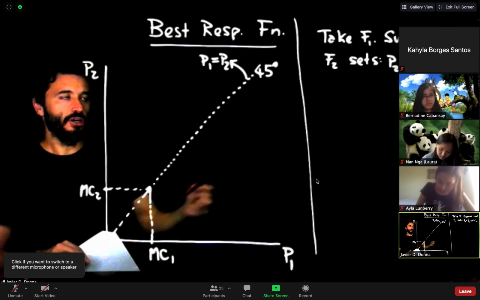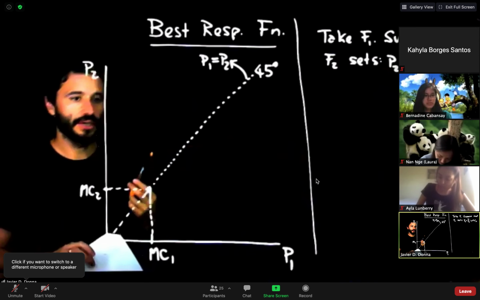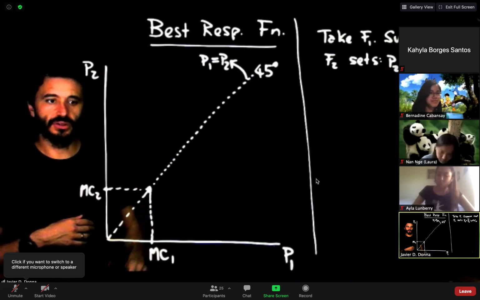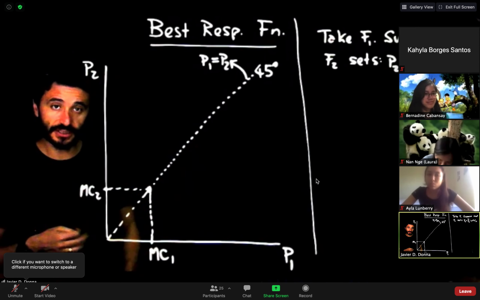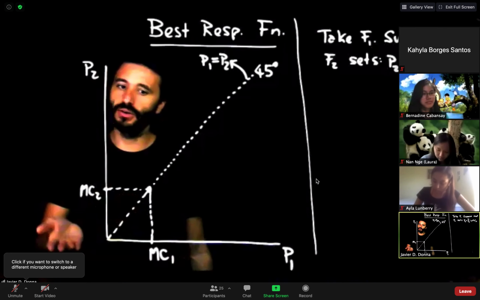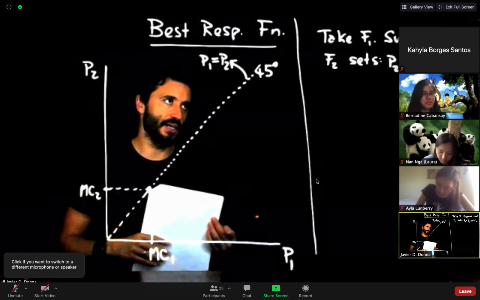The only thing I've been careful about here is that it is above the marginal cost. Why? Because if it is below the marginal cost, then the firms are going to incur losses. They can always avoid those losses by exiting the market. So they're never going to choose a price below the marginal cost. That's why I'm choosing prices above the marginal cost.